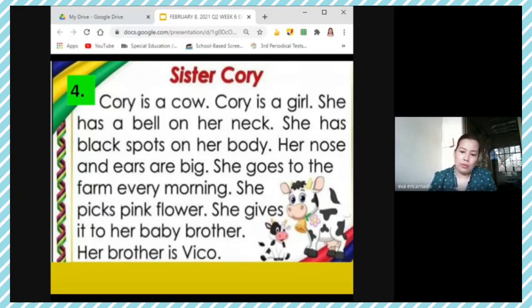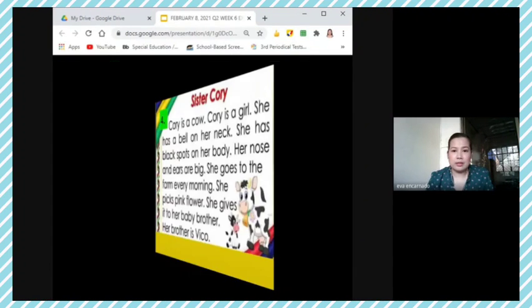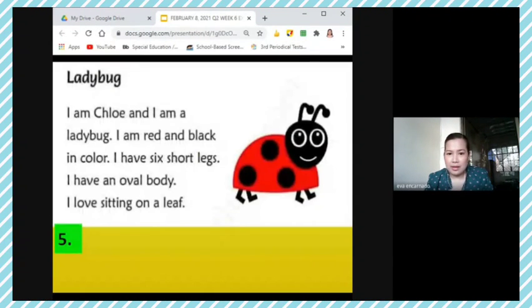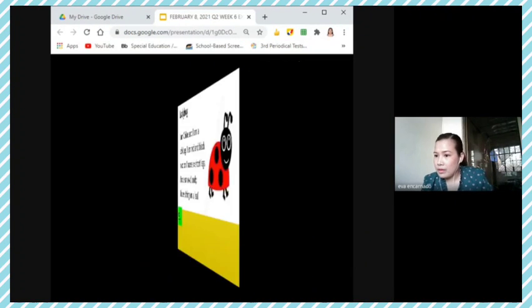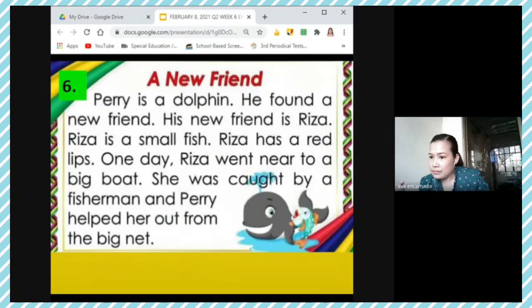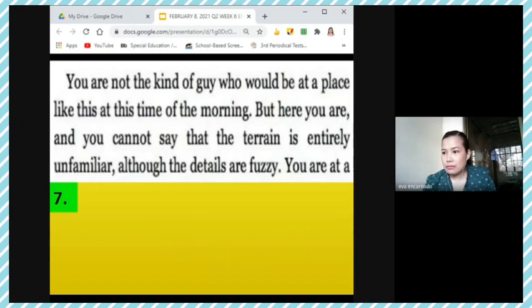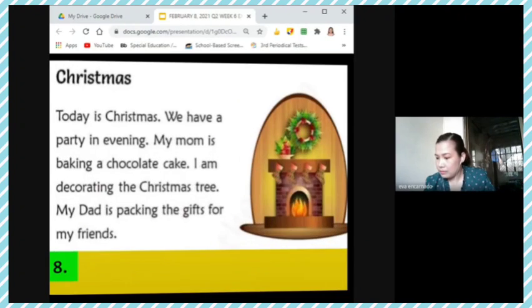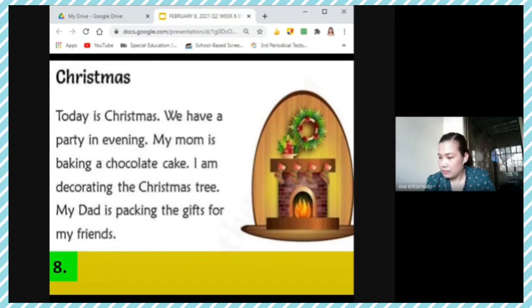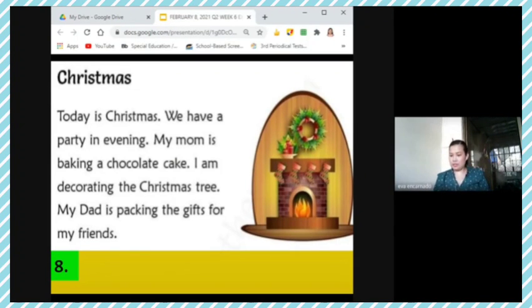Cory is a cow. Alright? Number 5, Ladybug. Next. Okay, that's all. That's 1 to 8 only, class.